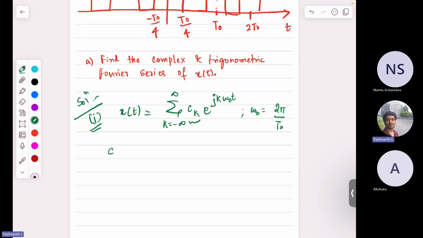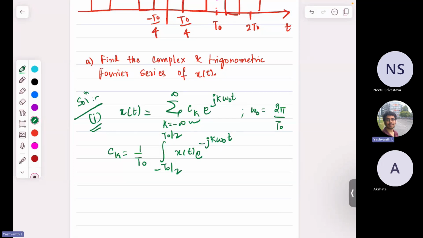What is c_k now? c_k equal to 1 by t naught integral from minus t naught by 2 to plus t naught by 2 of x of t into e raised to minus jk omega naught t. That is over one period I need to integrate. I am taking the period as minus t naught by 2 to plus t naught by 2.